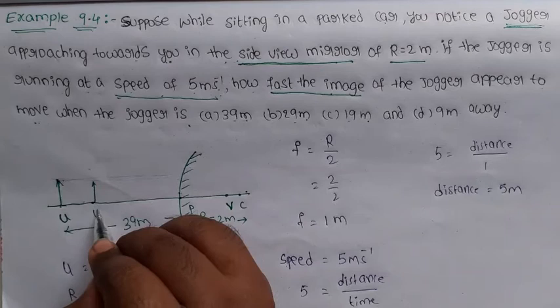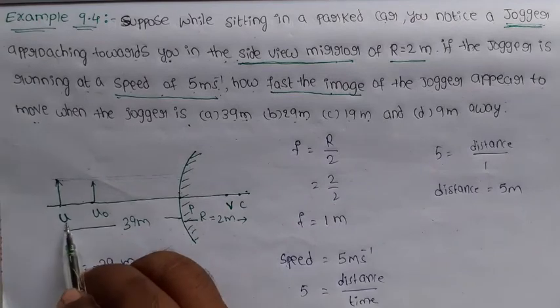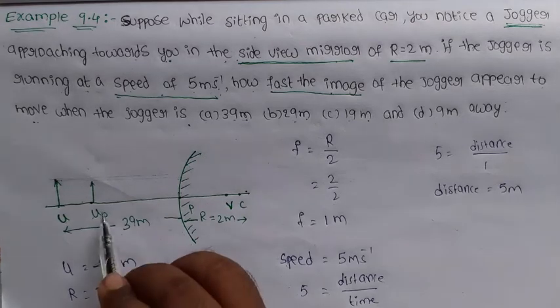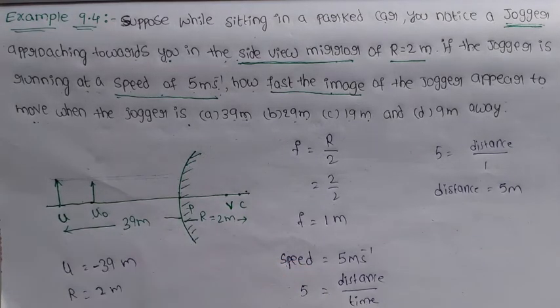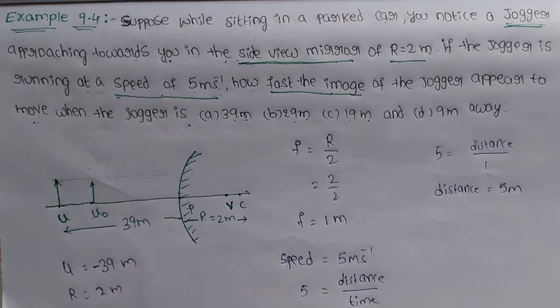I am taking this as u naught. U naught is the object distance. So u and u naught are the changed positions of the object. Now what is the distance from P to u naught? This is actually 39 meter, and here the distance is 5 meter.